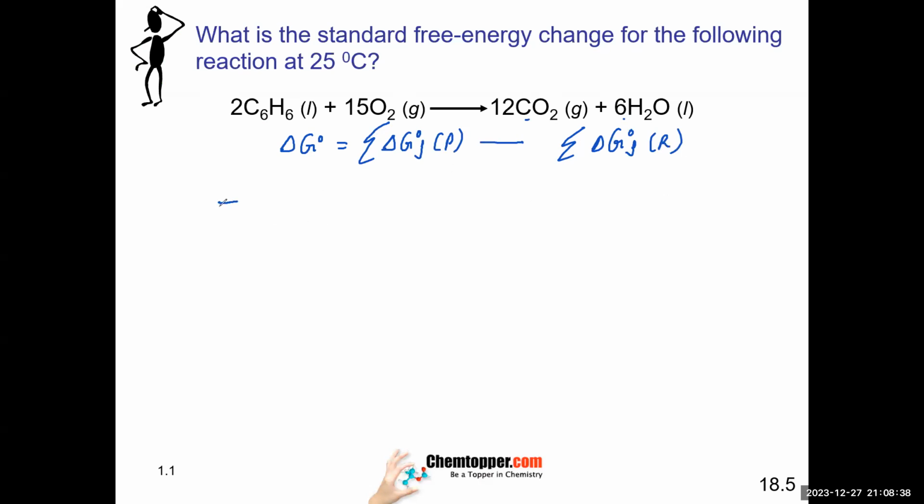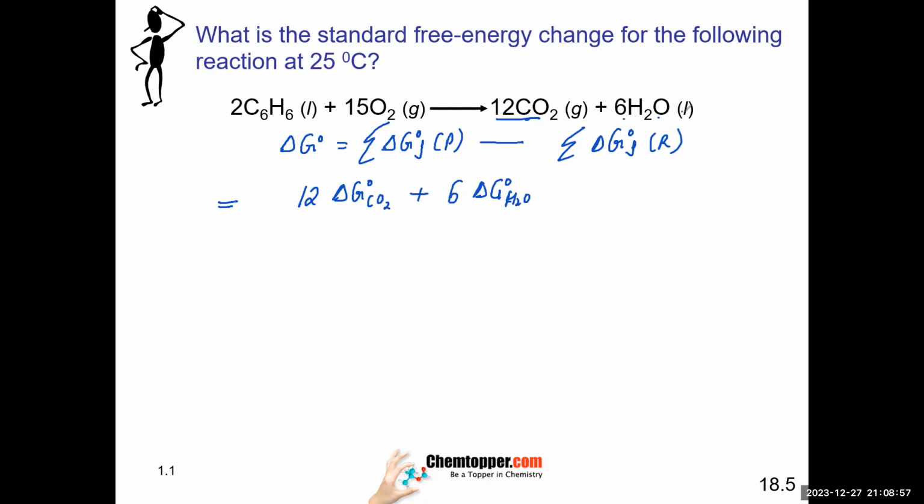Now you have to just plug in: 12 times delta G naught of the CO2 plus 6 times delta G naught of the H2O.